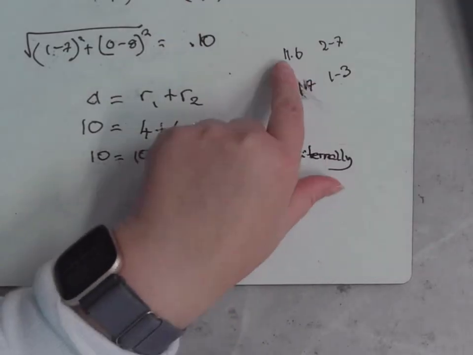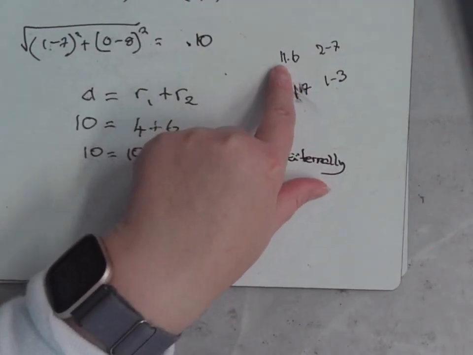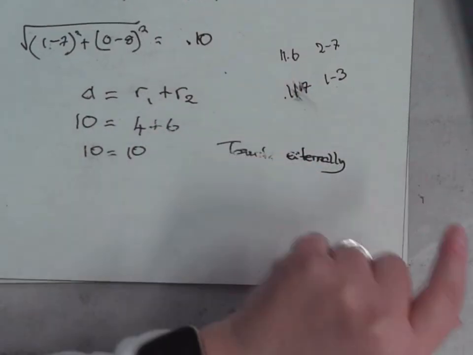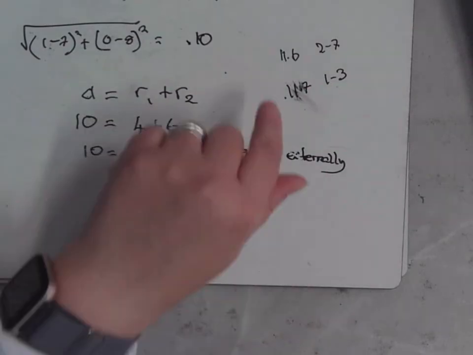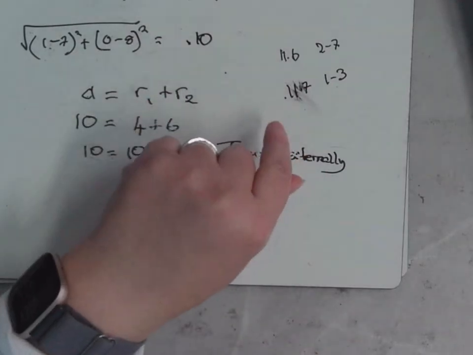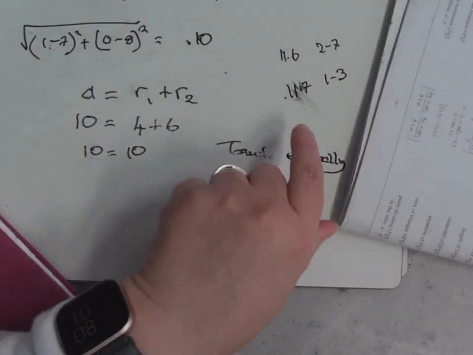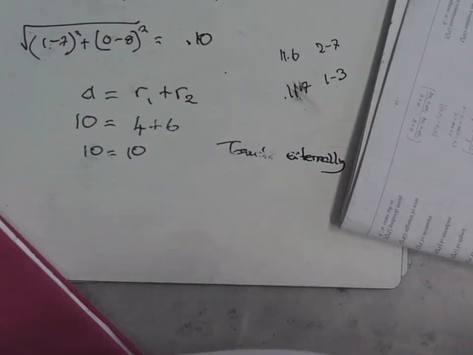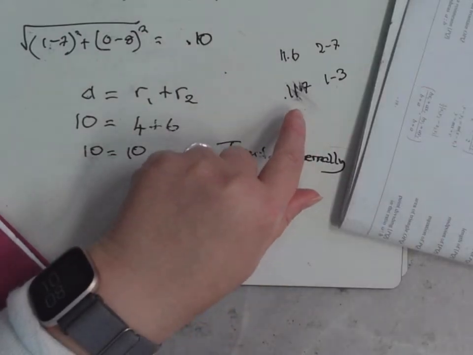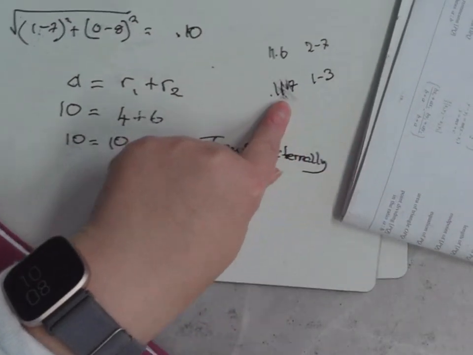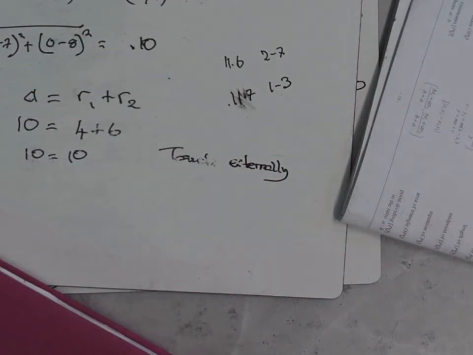Right, 11.6, 2 to 7, 11.7, 1 to 3. Do you want page numbers, or is that okay? Sorry? 11.7? What about it? 1 to 3. Oh, sorry.